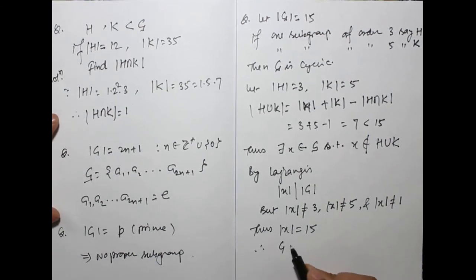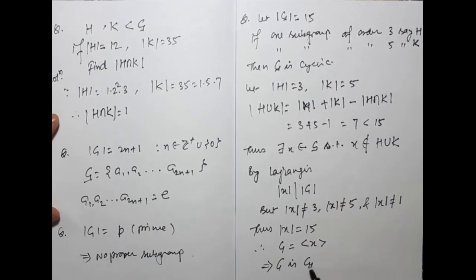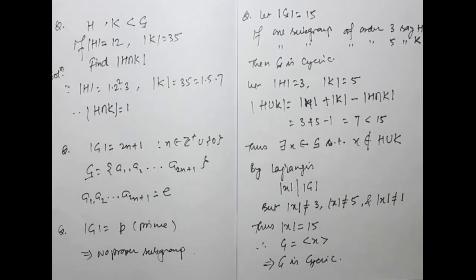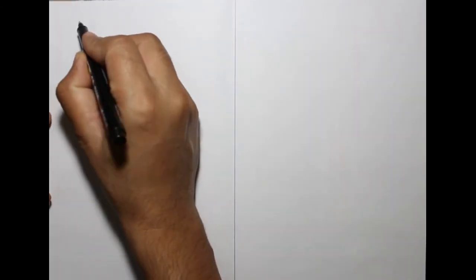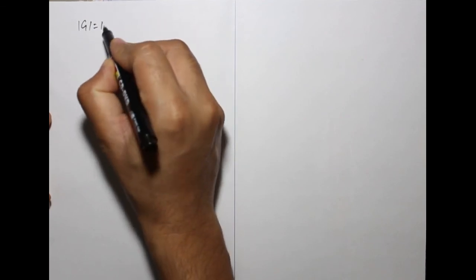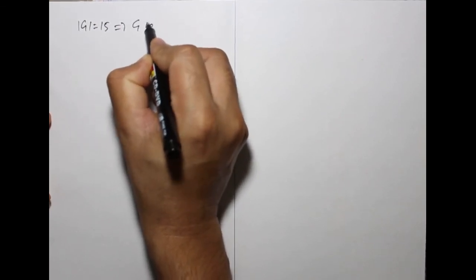Therefore G can be generated by this x, which implies G is cyclic. We just proved that if a group has order 15, then G is cyclic.